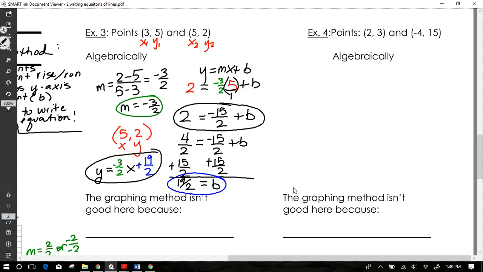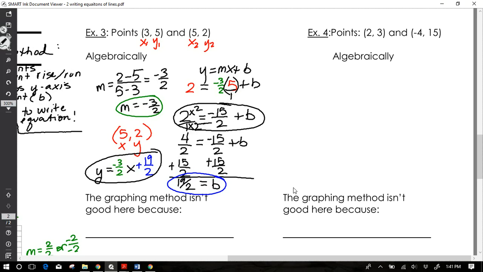So what I did was, in order to add these 2 fractions together, I went ahead and converted the number 2 into a fraction so that it would have a denominator that matches the 15 over 2. So times the top and the bottom by 2, that way the denominators here will match. And so I got 4 over 2.